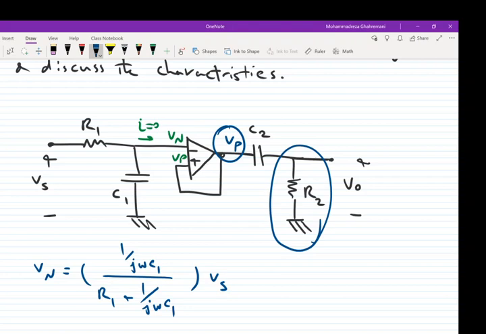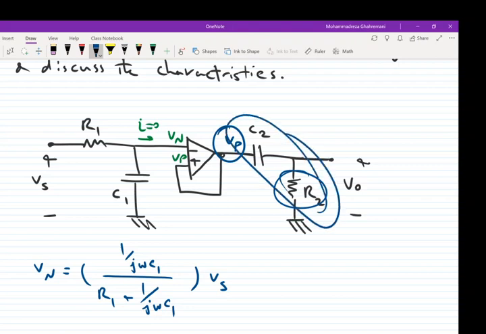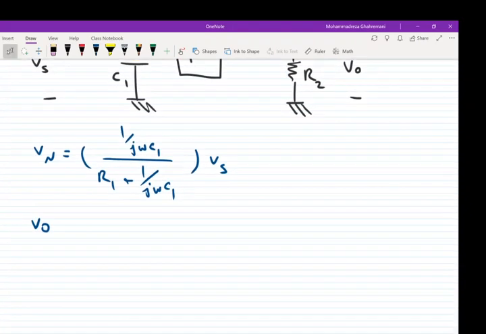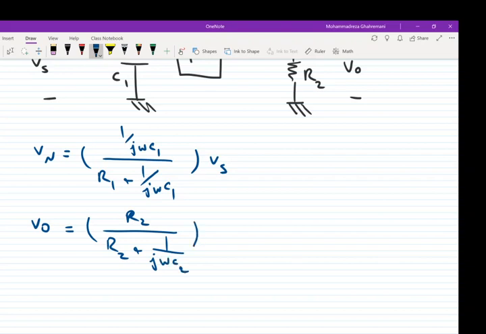The voltage across this resistor R2 is equal to R2 over the total impedance times Vp. So we can simply say Vo is equal to R2 over R2 plus 1 over j omega C2 times Vp.